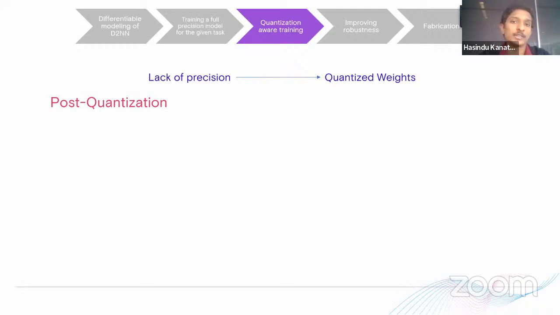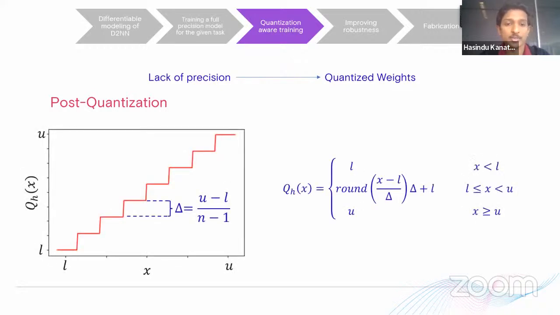We now have the full precision model, so we directly quantize those full precision weights using a function like this. This is a hard quantization function, like a step function. In this, we assign each weight to a certain quantized level.